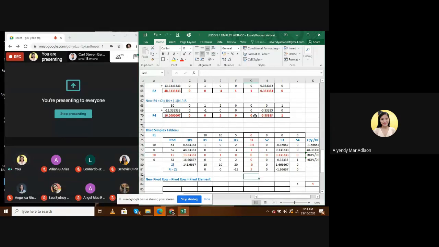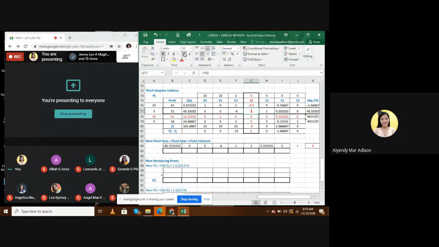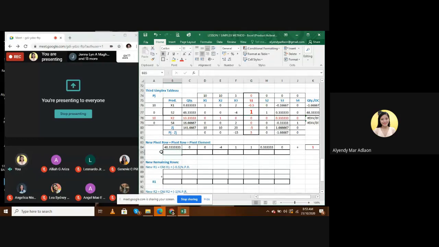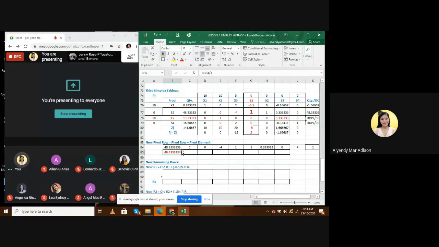Now, to compute for the new pivot row, we have the pivot row, which is this one. So, you simply drag and then divide by the pivot element. As you can see, the pivot element here is the 1. Okay, so i-divide siya by 1. So, 48.333 divided by 1. So, of course, mao gihapon na, no?